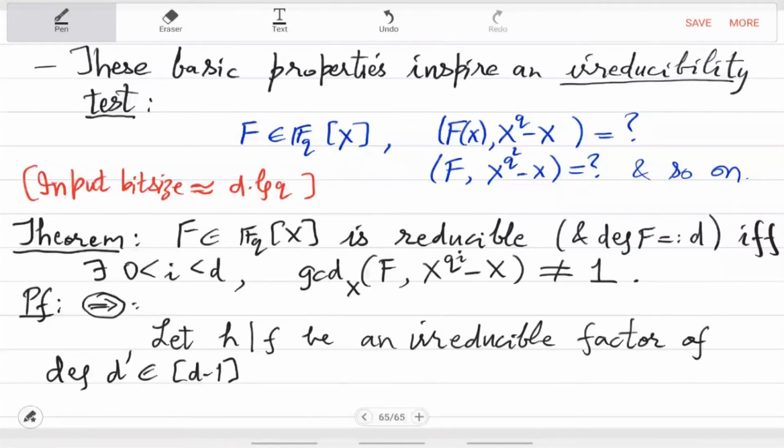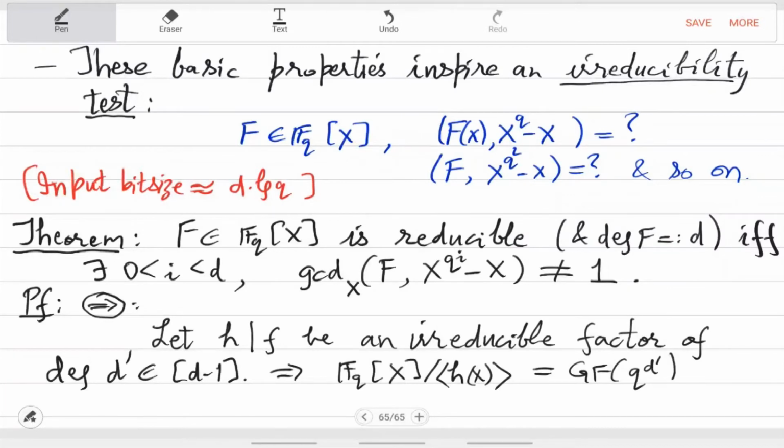Okay, it's a non-trivial irreducible factor of F. So now you look at FQ x mod H. So what is this? This is the Galois field, right? Of size? Exactly. So this is also a finite field. It's bigger than FQ, possibly bigger than FQ, and has size q to the d prime.